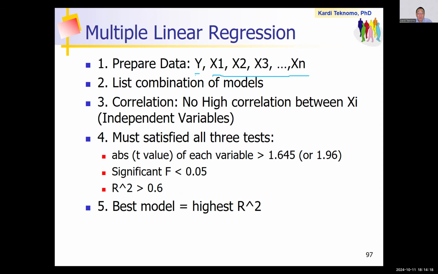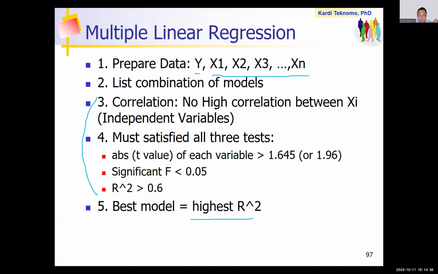Then you need to list all the combinations of the model. And here are the criteria to select the best model. You are not just selecting the highest R squared. These 2 steps are very important.